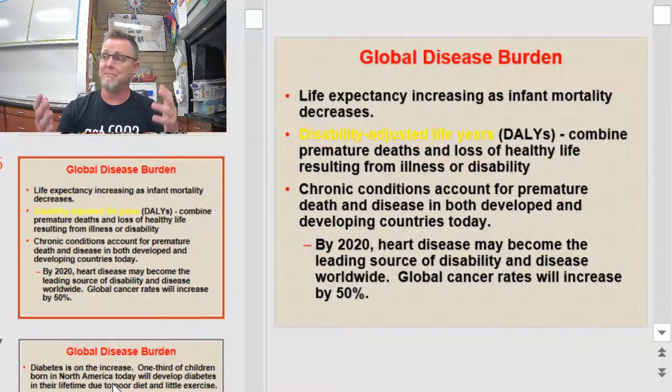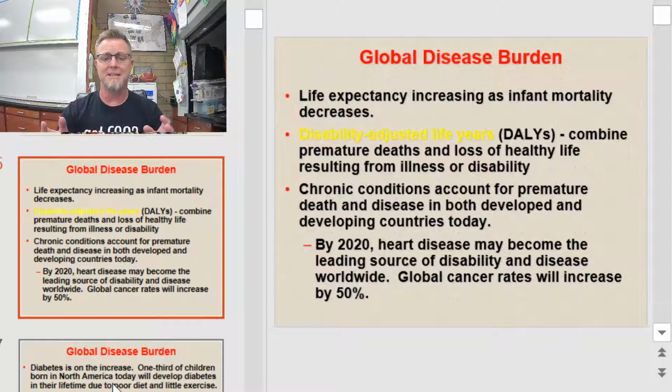Now, some people might be frightened by that because they think, my goodness, where are we going to put all these people? Our population is just going to explode. That's not the message here today. The message here today is we're managing risk and we're doing a good job so far, okay? Now, when you think about risk, I also want you to think about chronic conditions that could create premature death and disease in both developed and developing countries. Look at this. By the year 2020, it's speculated that heart disease might actually become the leading source of disability and disease worldwide.